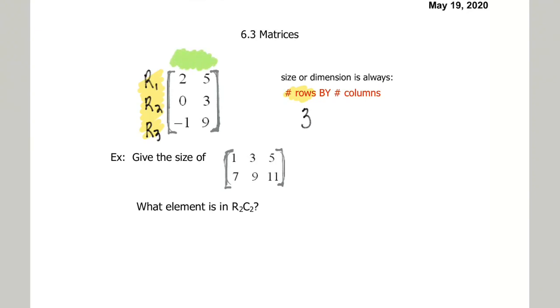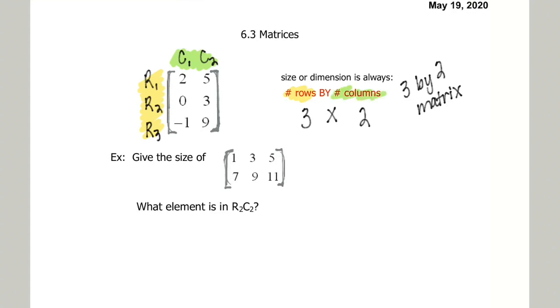The number of columns, in this case, is 2. So this would be a 3 by 2. We say 3 by 2 matrix. The first number always stands for the number of rows, and the last number always stands for the number of columns.